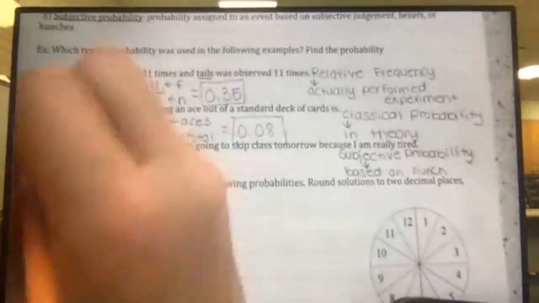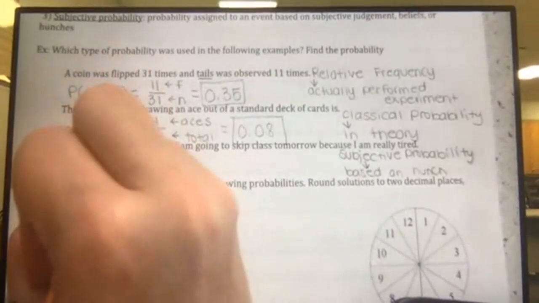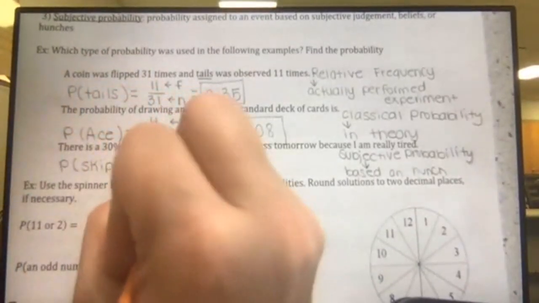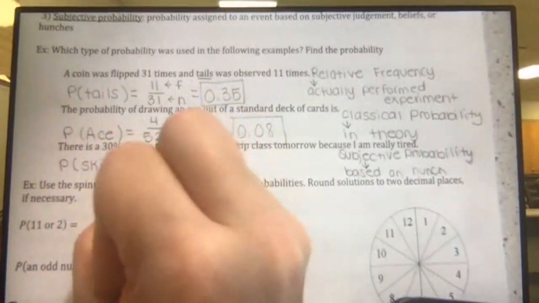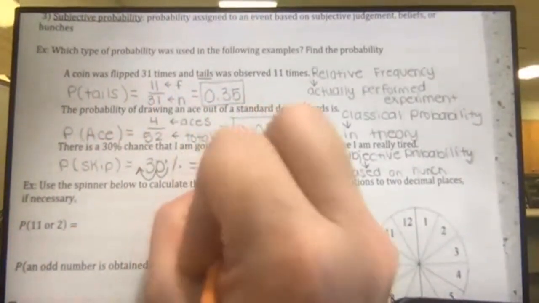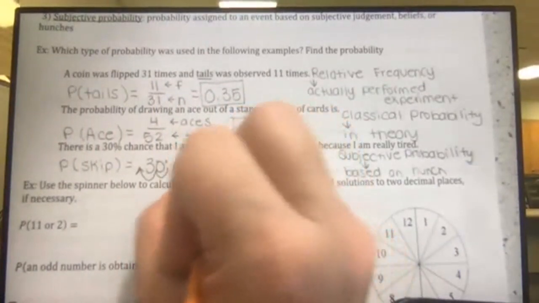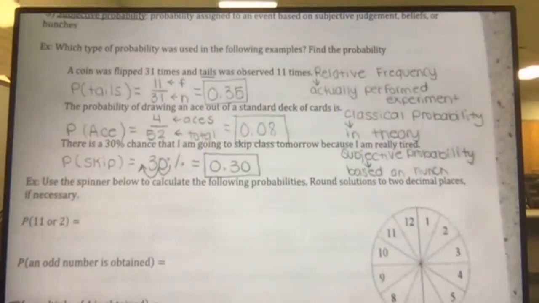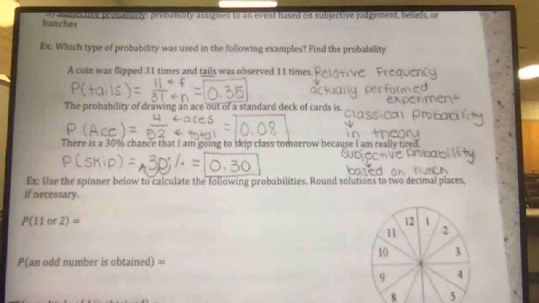All right, so it told me the probability of skipping class was going to be 30%. So it gave us that percentage. Turning that percentage into a decimal, we can take the decimal, which is at the end, and move it 2 places to the left. That would give me 0.30. So those are our 3 different types of probabilities.